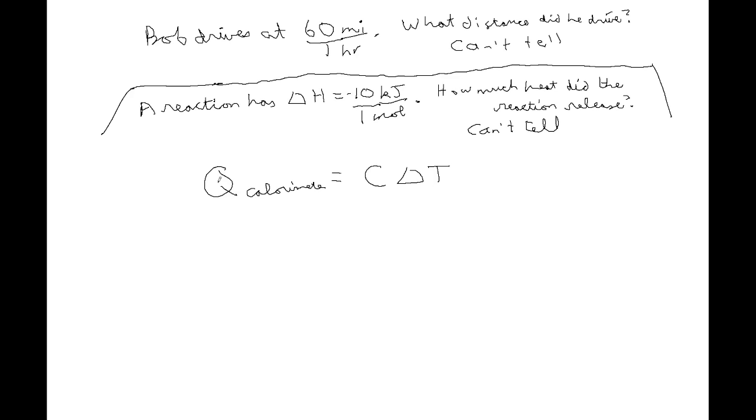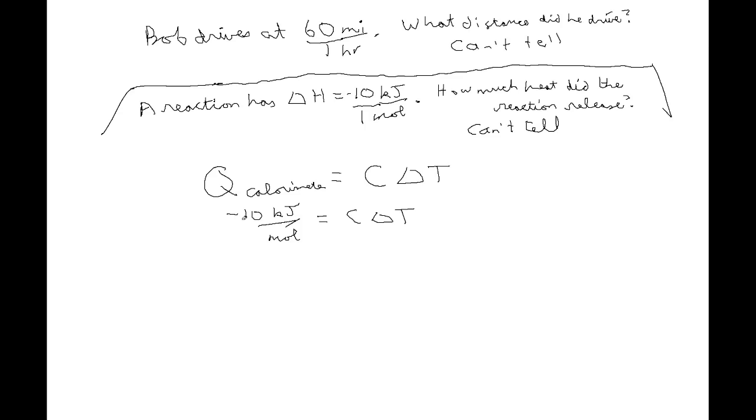We would plug in negative 10 kilojoules per mole. Actually, no, we wouldn't, because we can't tell yet. So what should we plug in for Q calorimeter? Nothing. We can't tell yet. You almost fell into the trap, but you caught yourself.